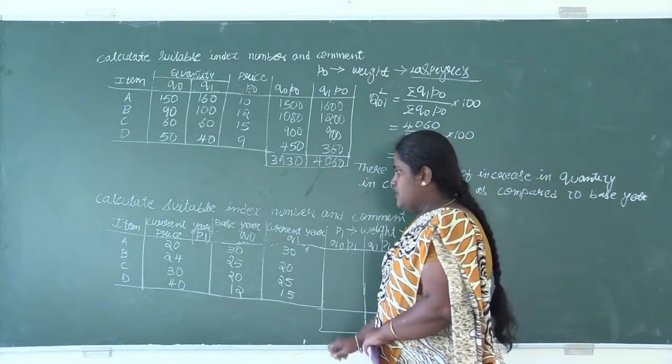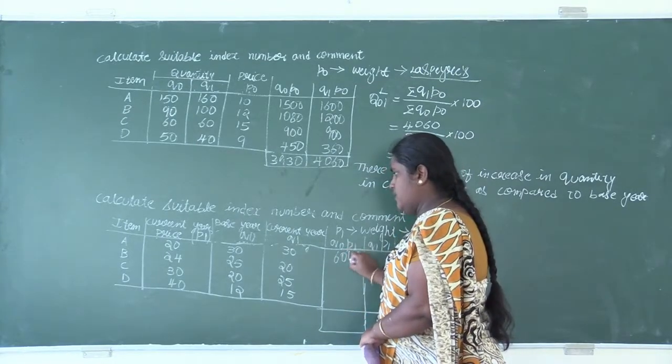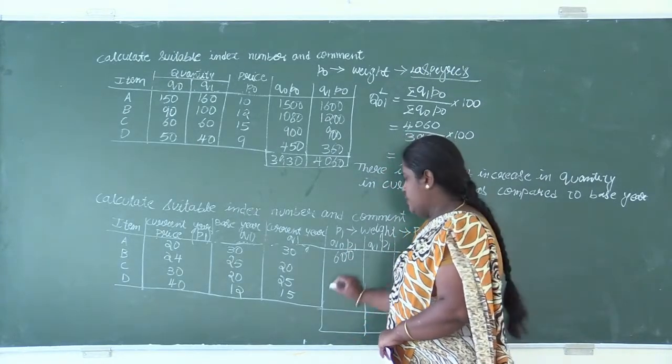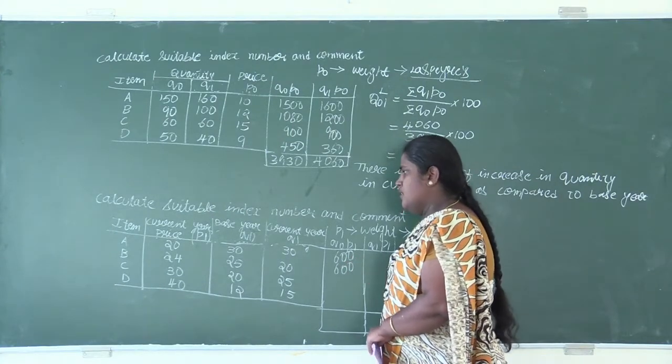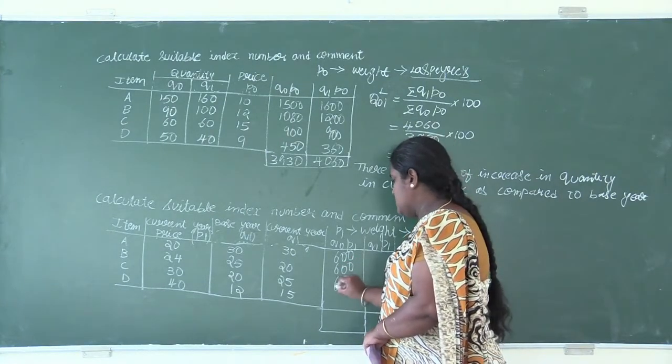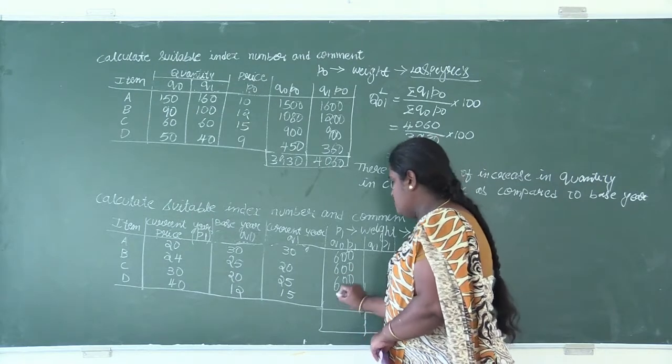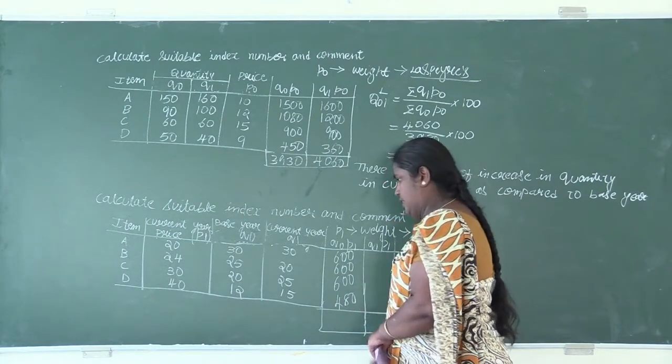So Q0 P1 is 20 into 30, 600. Then 24 into 25, again 600. 30 into 20, 600. 40 into 12, 480.